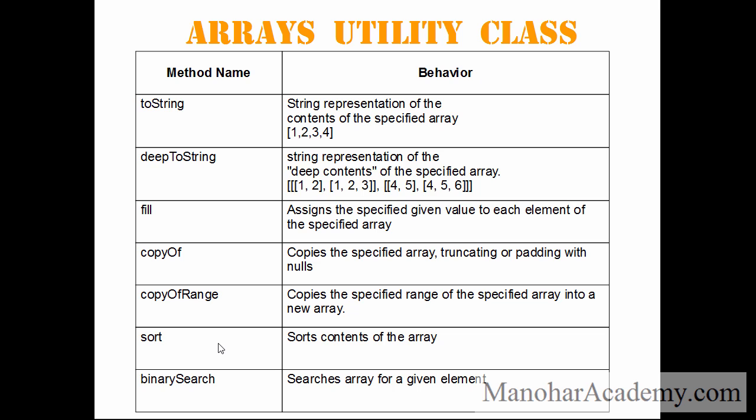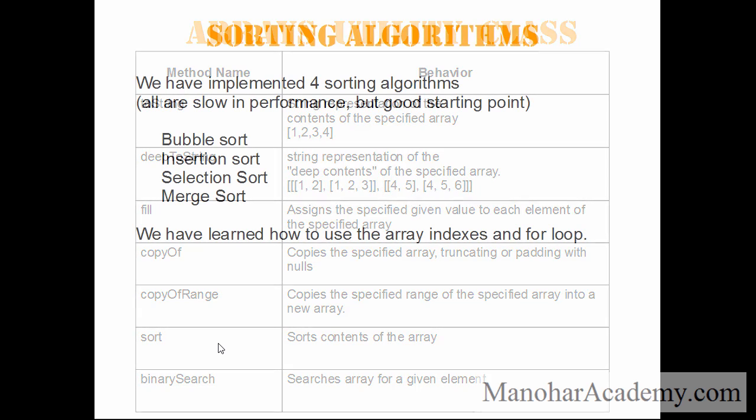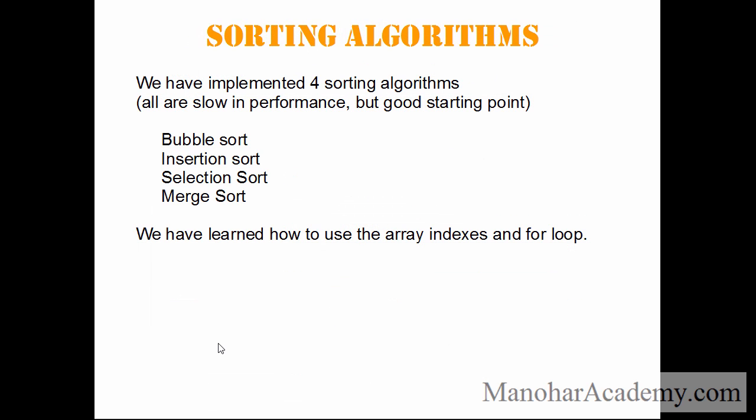And last but not least, at the end we have written a couple of programs, and we have implemented 4 sorting algorithms: bubble sort, insertion sort, selection sort, and merge sort. These sorting algorithms are very slow in performance.